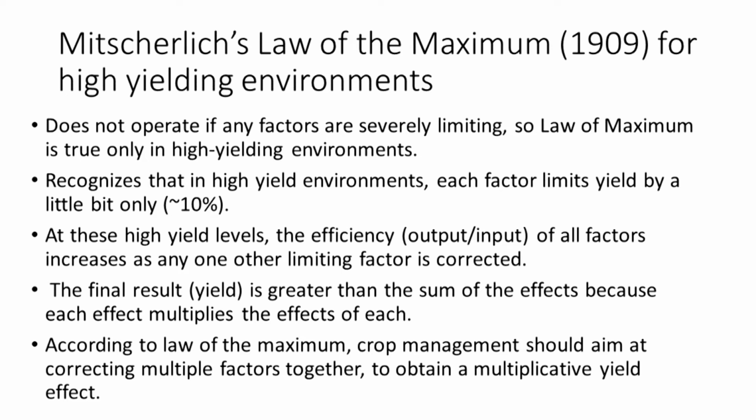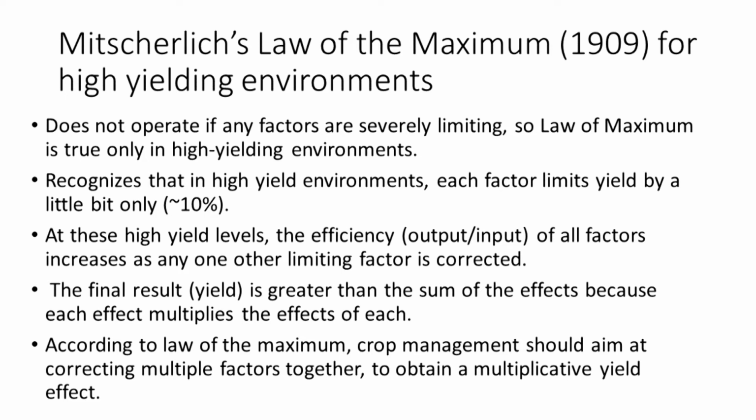Okay, so in high-yield environments, high-yield potential areas, I would categorize most of southern Ontario as falling into this category. In these high-yielding environments, each factor that goes into crop production is probably limiting yields by less than 10% or so.